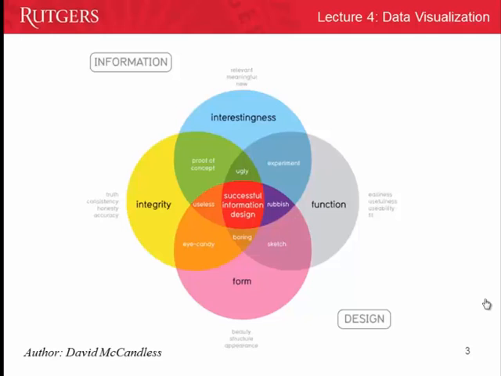If you only have the integrity, the form, and the function without interestingness, it will be very boring. Finally, if you have the interestingness, function, and form without integrity, it will be rubbish. So after you make data visualization graphs or charts, please check whether you have all these four elements.